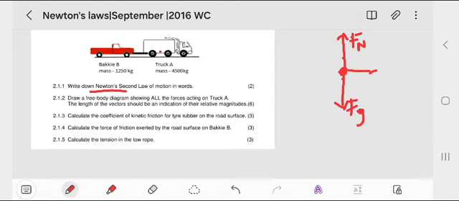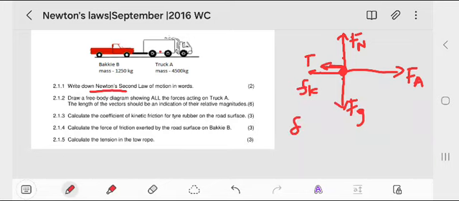Then here we have the applied force, F applied, and below the applied force we have friction, Fk, and then we'll have the tension.